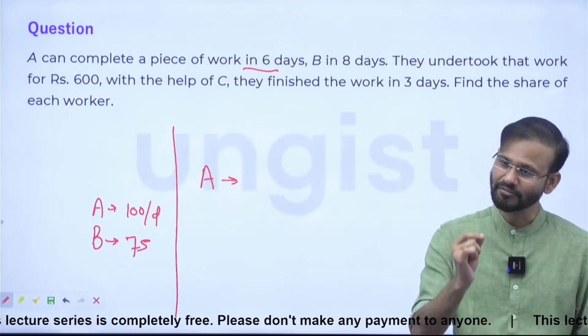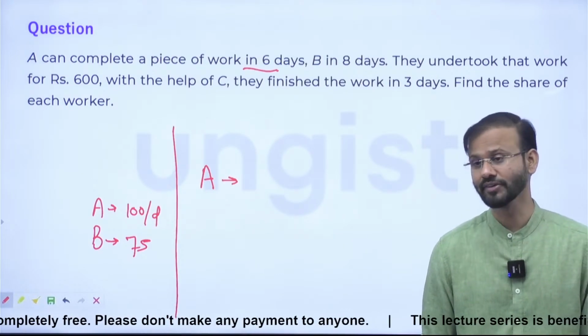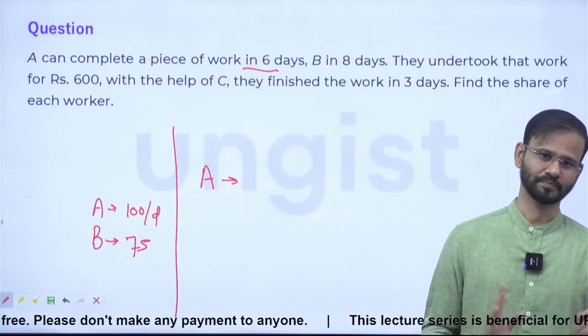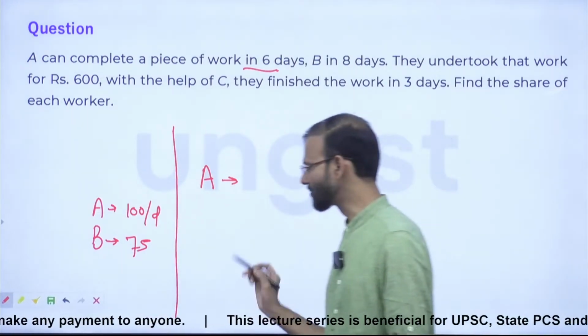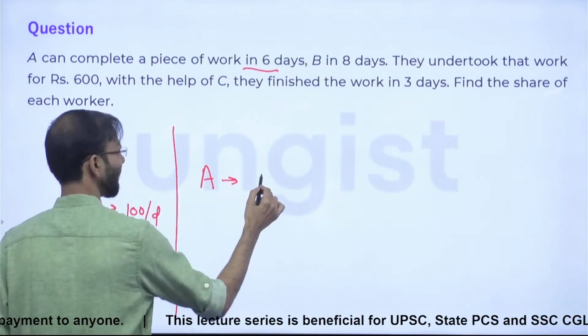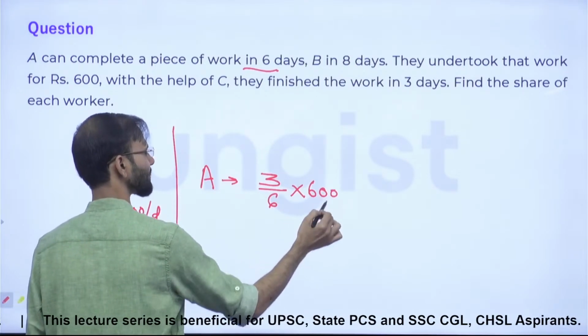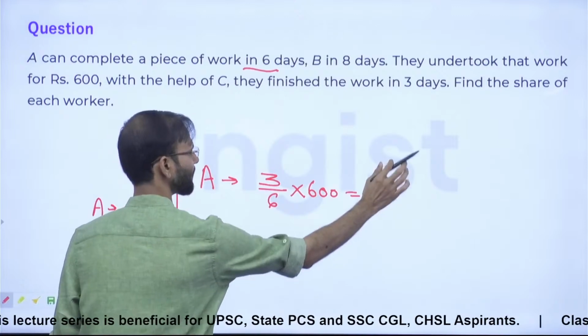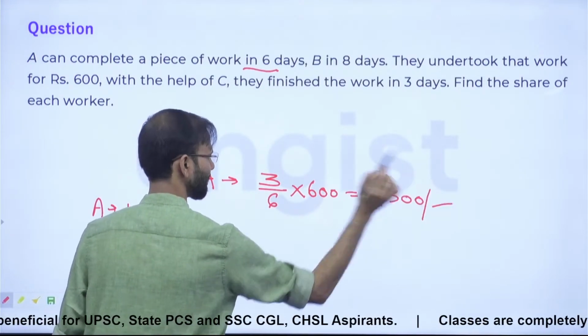So actually 50% of the total money should be given to A. What is the share of A? 300. So actually A is doing 3/6 of the total work. So 3/6 into 600 will be 300 rupees. So share of A will be 300 rupees, right?